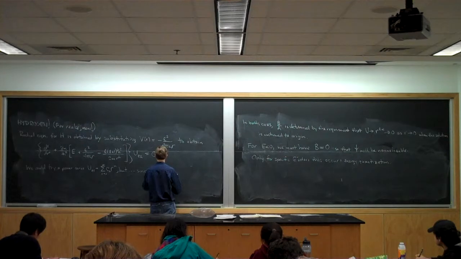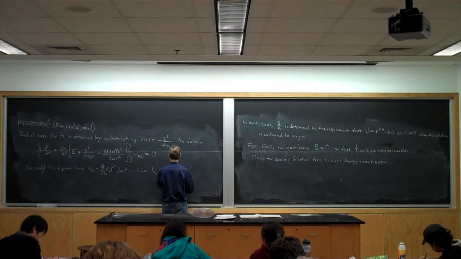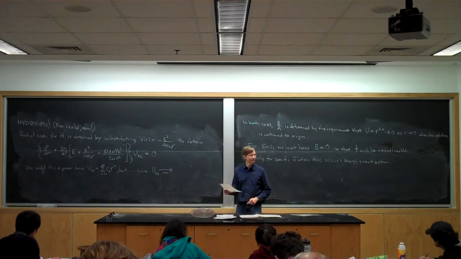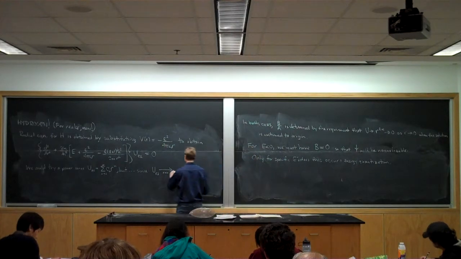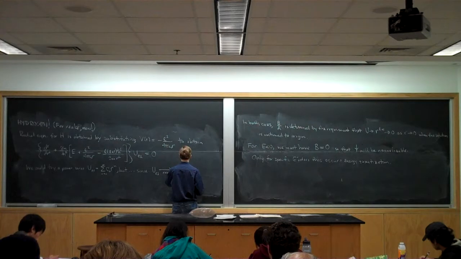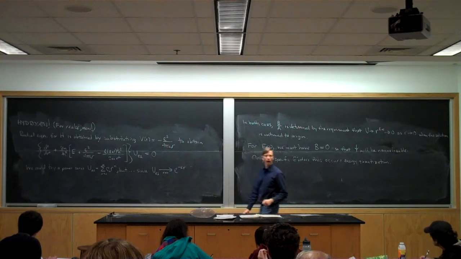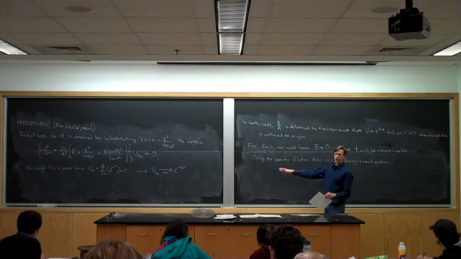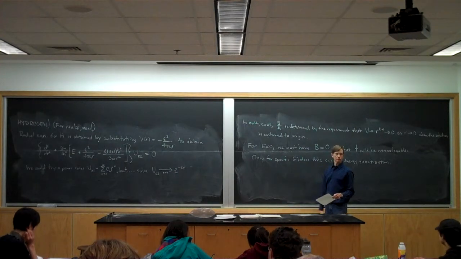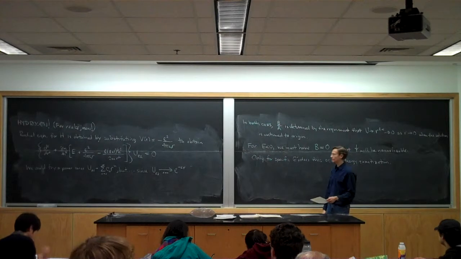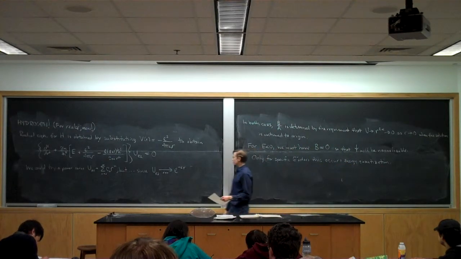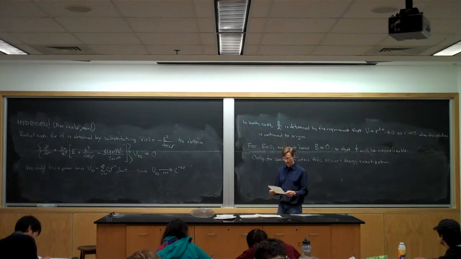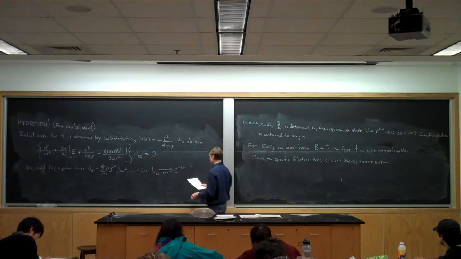Since u_l as r goes to infinity goes to e to the minus kappa r. That's what we just said before, that for large r, the solution approaches asymptotically an exponential function, which needs to be a decaying exponential so that the wave function doesn't blow up.